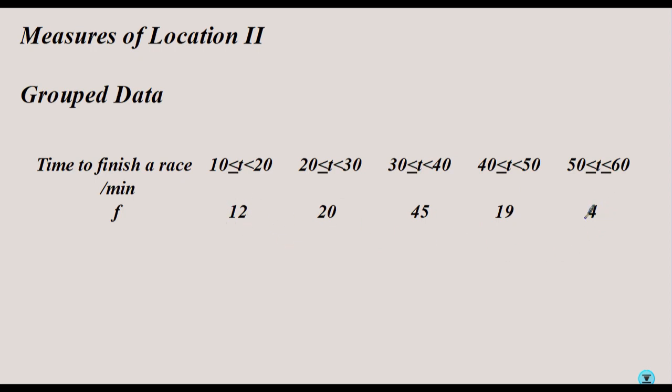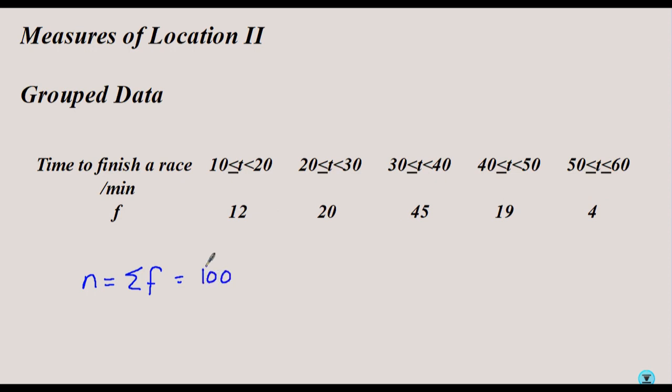So let's see how we can think about this data set first of all. How many people did participate in the race? To answer this question, n is the sum of the frequencies. And if we add the 12, 20, 45, 19, and 4, we get 100.